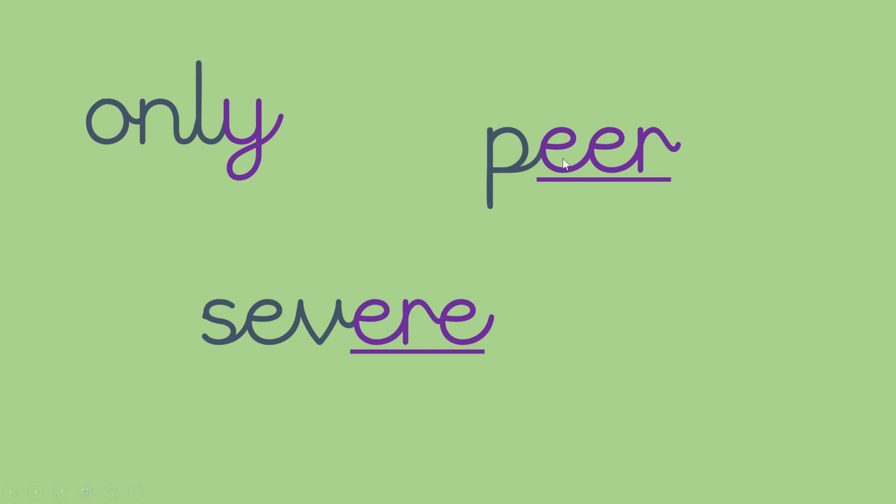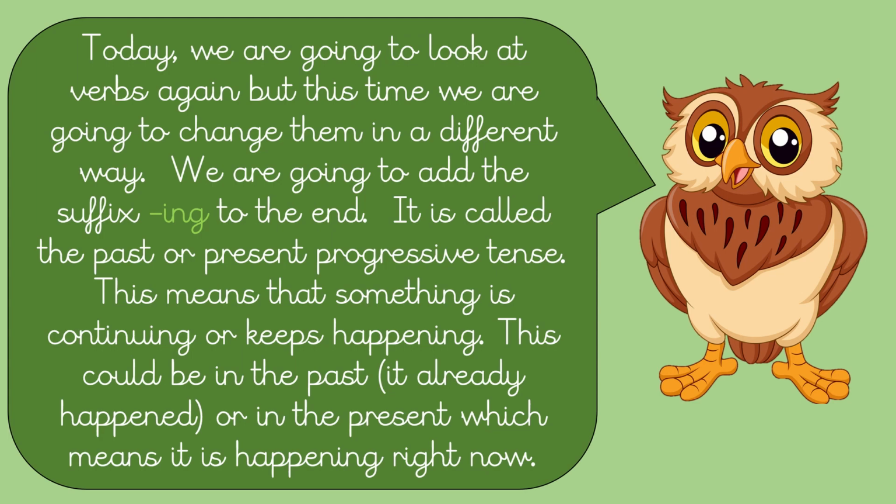So that one had the double E and the R. And the last word was severe. The sound in severe is actually written as an E. Got the V, and then the ear sound is E-R-E. Severe means extreme, and it's normally something that's bad, extremely bad. Okay? Whoa, let's have a look at this.